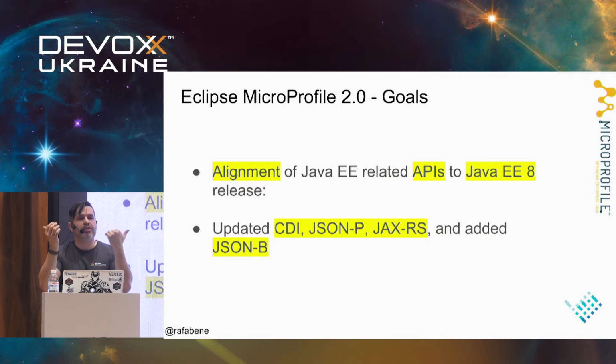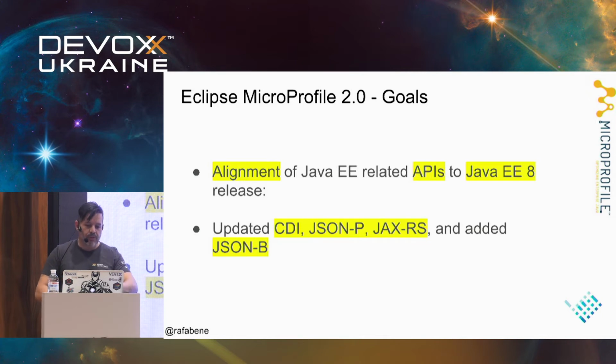So the only difference between MicroProfile 1.4 and MicroProfile 2.0 is that 1.4 was based on Java EE 7, and 2.0 was based on Java EE 8.